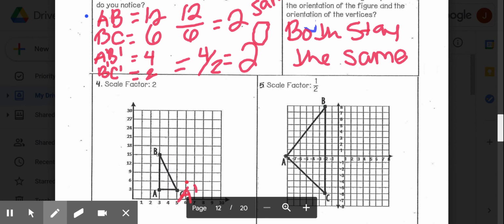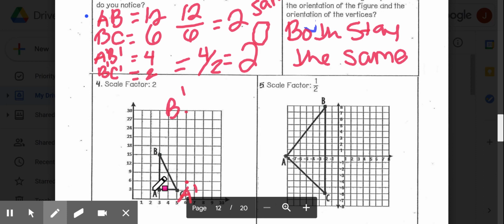Our x-coordinate is 3. When I multiply that by 2, my new x-coordinate becomes 6. And my new y-coordinate, if we started at 15, 15 times 2 is 30. So I have the new point 6, 30. I can make a point right here at 6, 30, and this is going to be B prime.